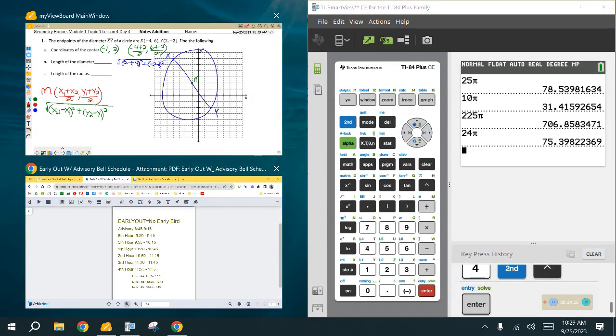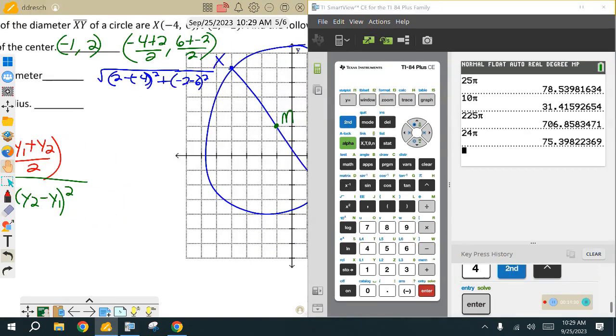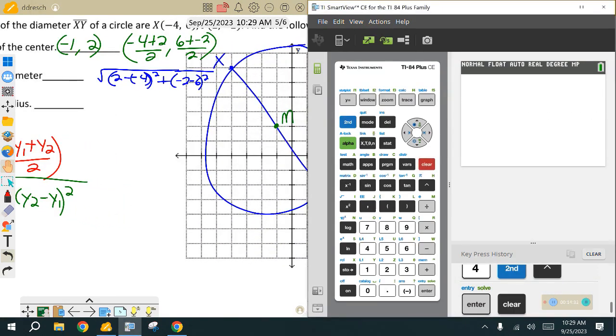Now, if you've taken me up on that practice, it's a whole other question. All right, to the calculator we go. Now, on your calculator, I said, don't plug in the square root symbol. Okay? All right, parentheses, 2. Now, we can do it one of two ways. We can just say, what's 2 minus a -4?